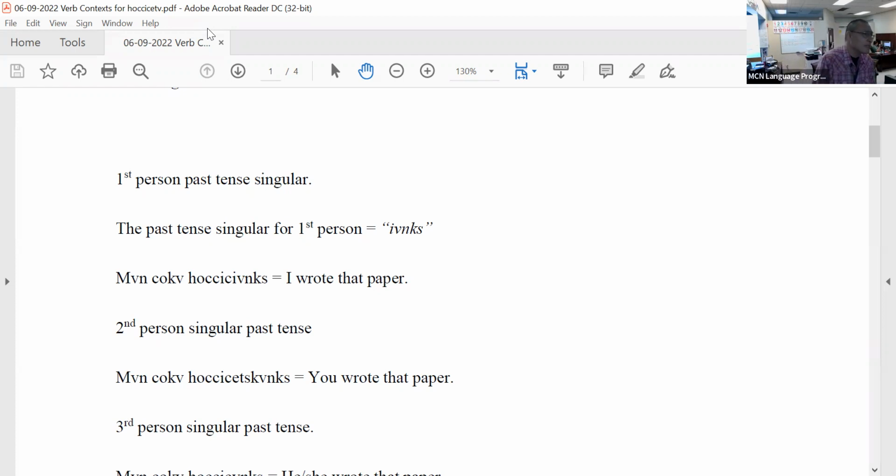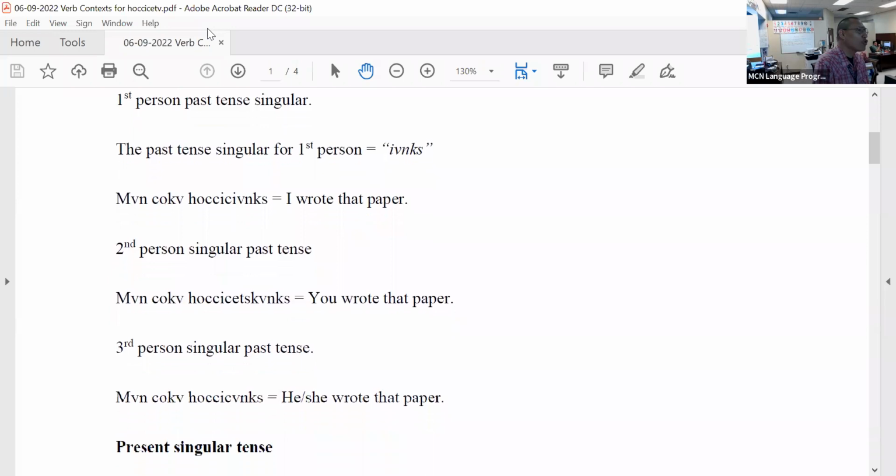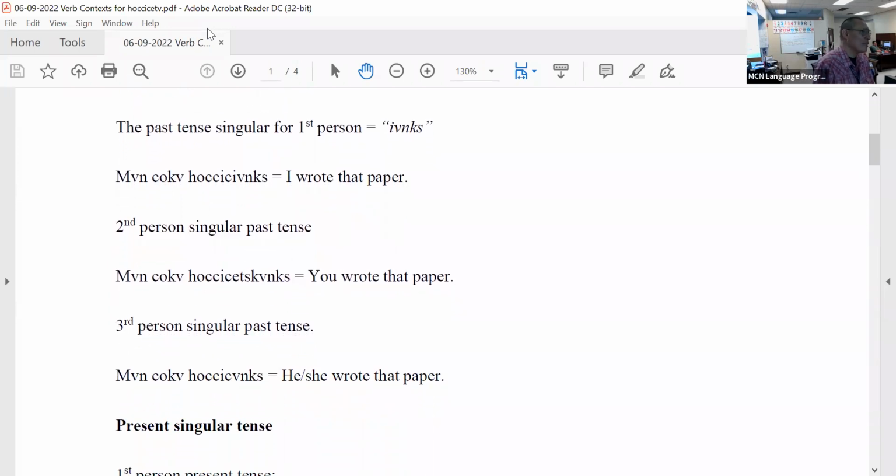Now we're going to go to second person singular past tense. Once again, that ETV is going to be dropped. And you always got to remember, you got to put the proper verb tense with that. Now I'm talking about you as a singular person, that you did something.